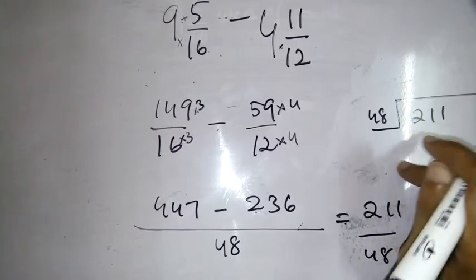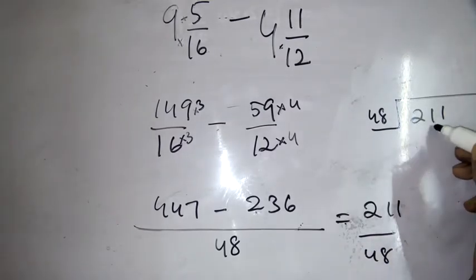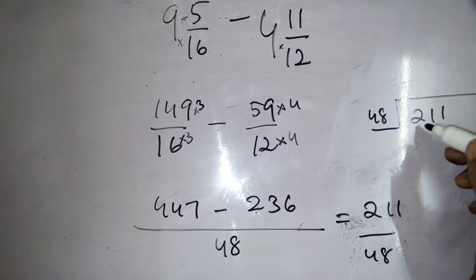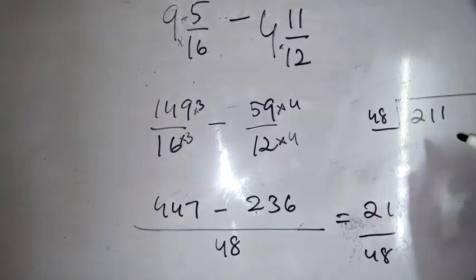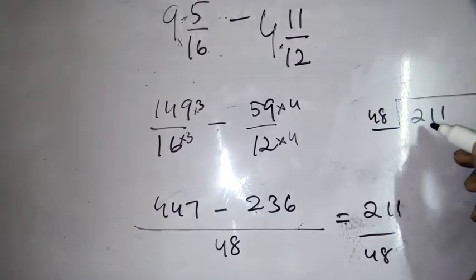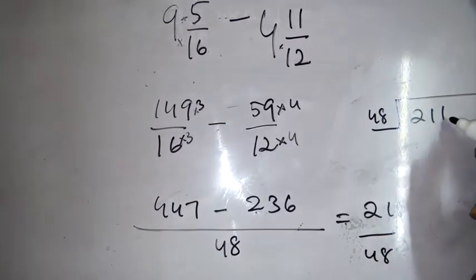Now what you need to understand is in division, first you look at the first two numbers. So is 21 greater than 48 or lesser than 48? Lesser. So if the number is lesser, then we'll have to use all the three numbers, right?